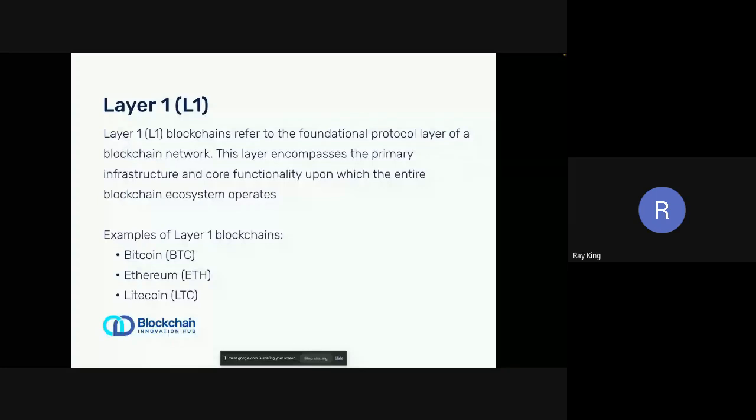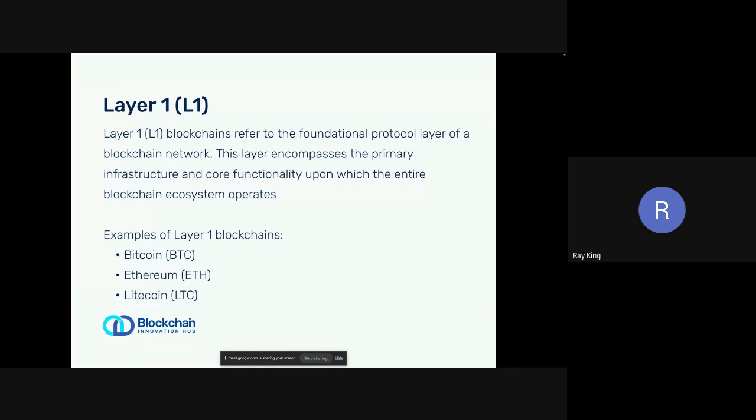Now, we'll be looking at layer one and layer two today as part of the blockchain layers. When we're discussing layer one blockchain, it is the foundational protocol layer of a blockchain network. Every blockchain network that exists has a layer one. It acts as the foundation, the fundamental infrastructure required for that blockchain. Every other layer is going to build on top of layer one.